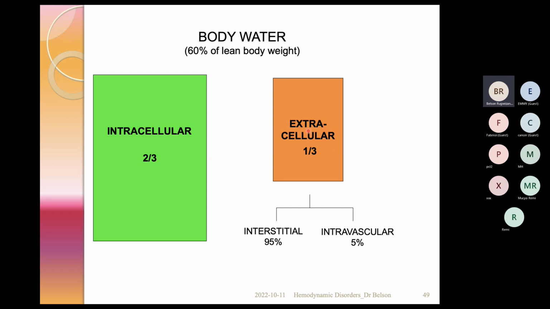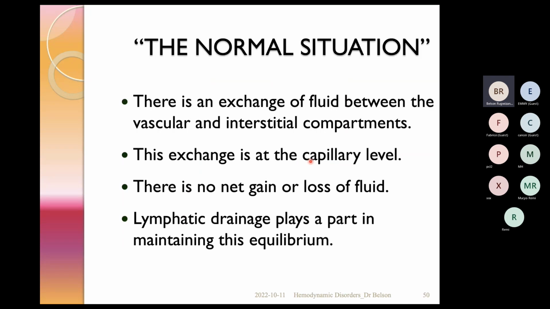Now, within the extracellular fluids, just 5% is within the blood vessels and the lymphatics. An adult has a blood volume of 4 or 5 liters depending on weight, which is 5% of all the water a person has. The rest is interstitial, between fibers, between cells and so on.